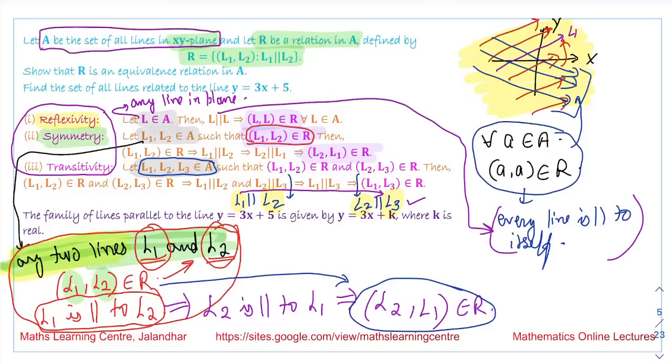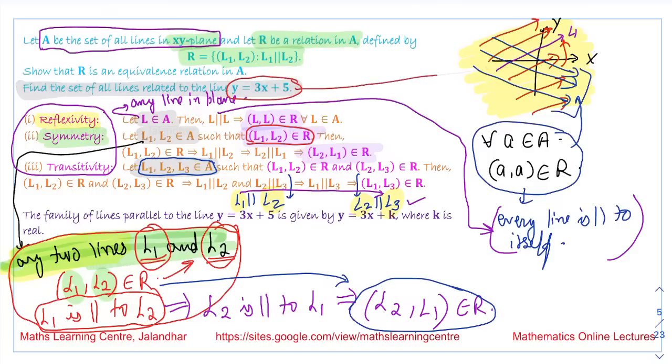Now the next thing we have to find is the set of all lines related to the line y = 3x + 5. So what this means is, this is the line given to us.